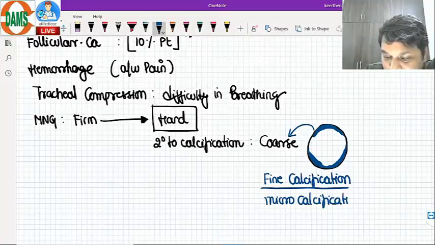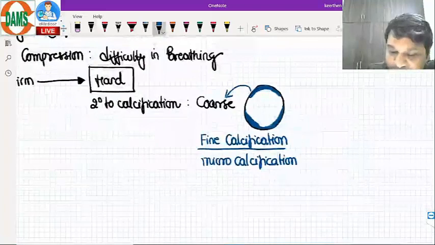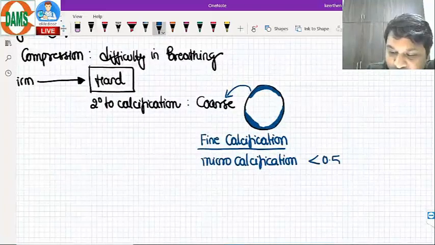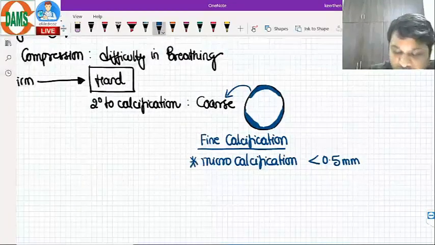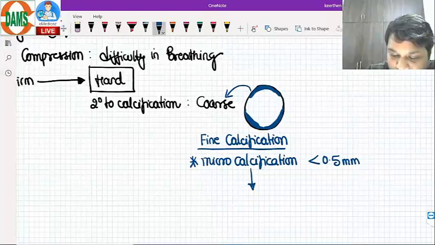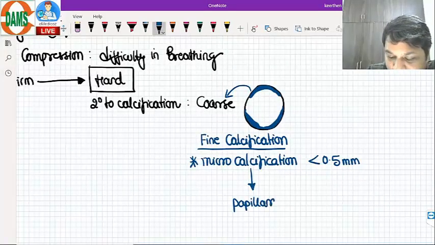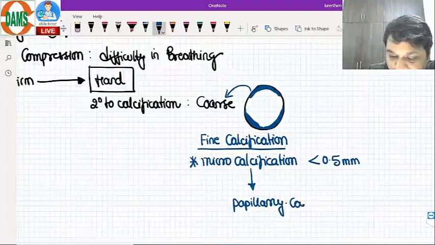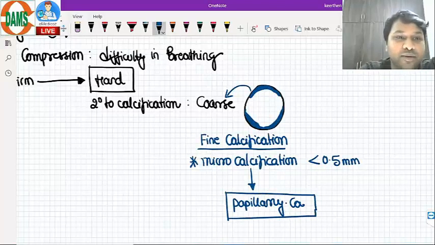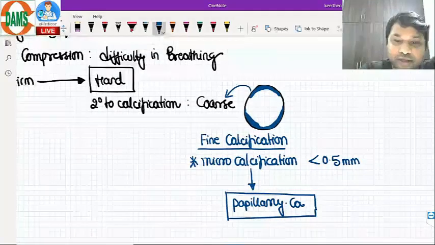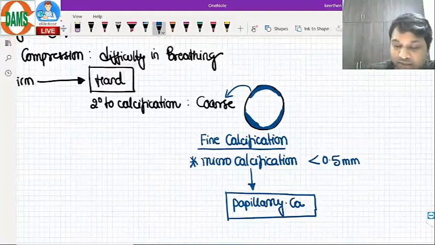To label it as microcalcification, the size of the calcification should be less than 0.5 millimeters. If you come across microcalcification on an ultrasound of a thyroid gland, it usually points towards papillary cancer thyroid.